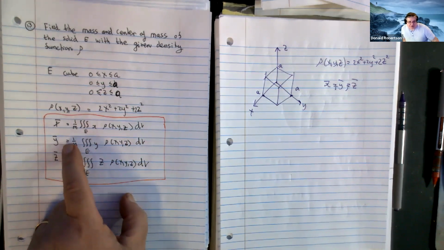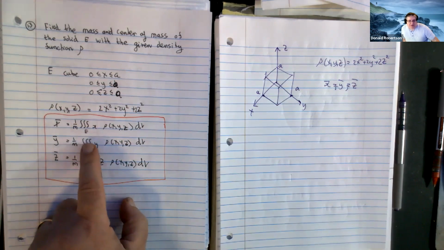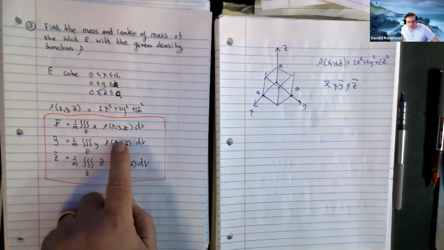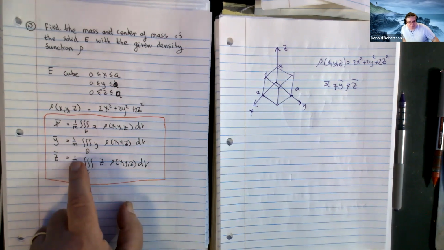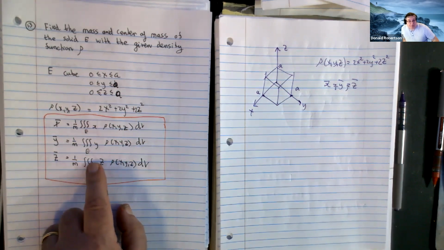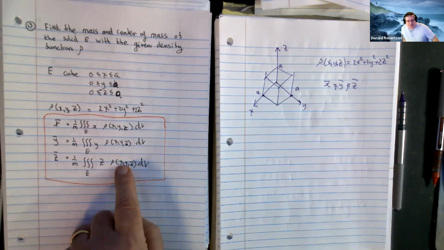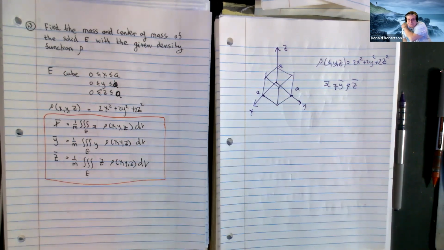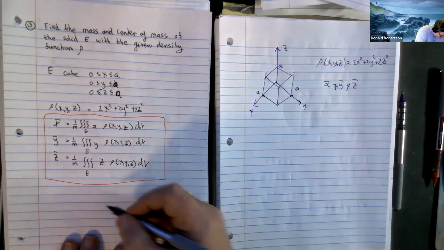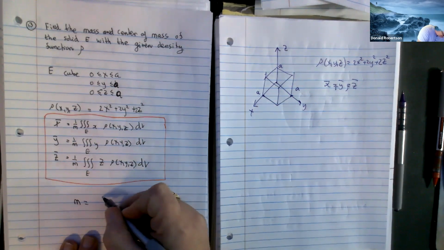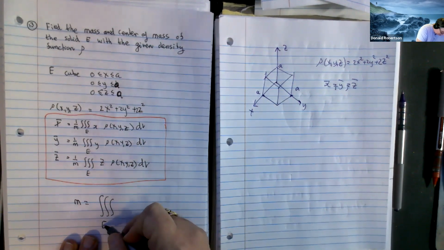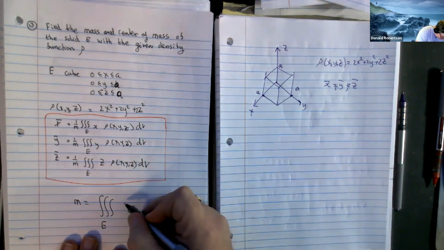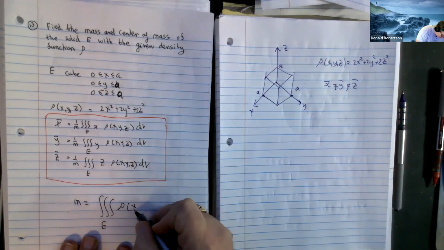Y bar is very similar: 1 over m, the triple integral of y times the density function, and z bar, 1 over m, the triple integral of z times the density function. And m is the mass of the object, which you will find by finding the triple integral of just the density function.